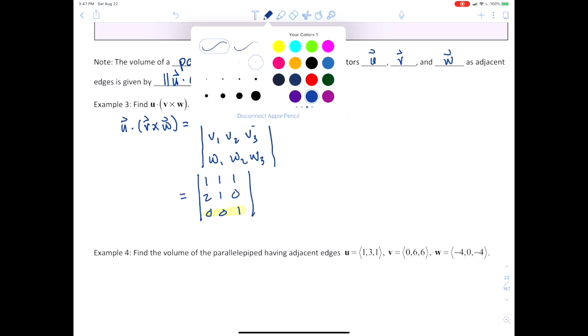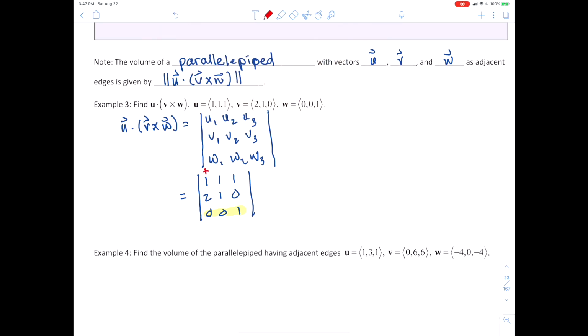And then doing our little trick, plus, minus, plus, minus, plus. So this will give us 0 times the determinant of 1, 1, 1, 0, minus 0 times the determinant.